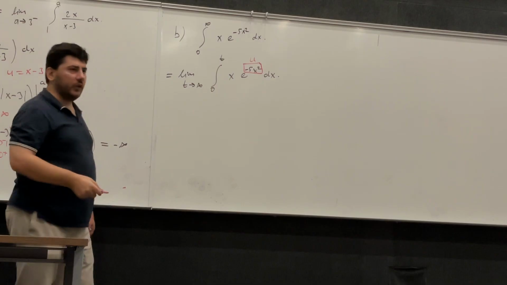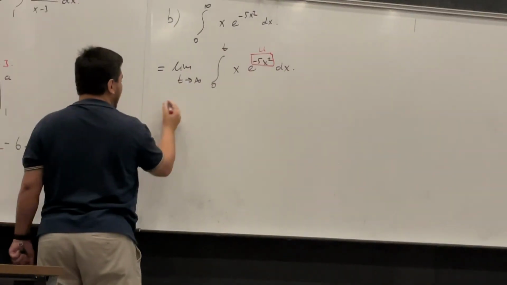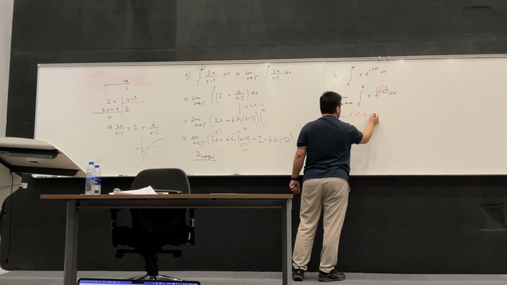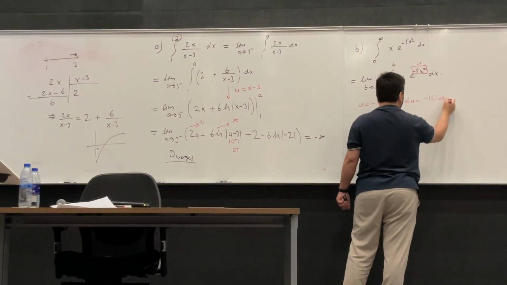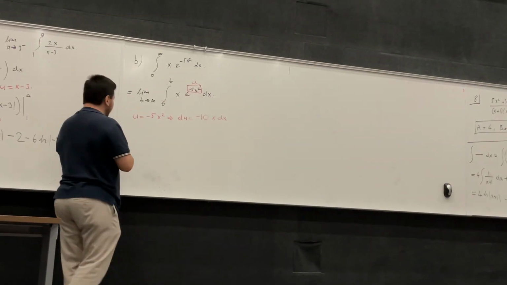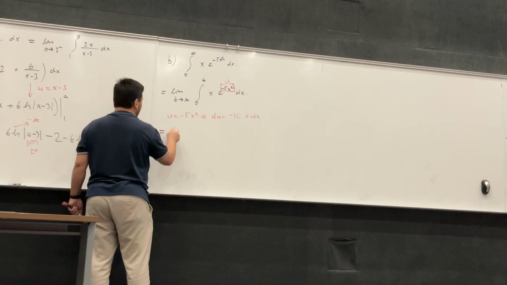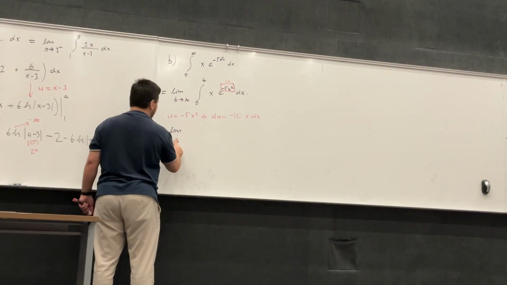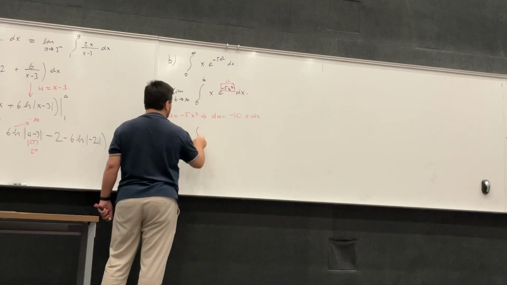So put u for this, which will be minus 5x squared. Therefore, du is going to be minus 10x dx. Very good. So this limit becomes the limit as t goes to infinity.